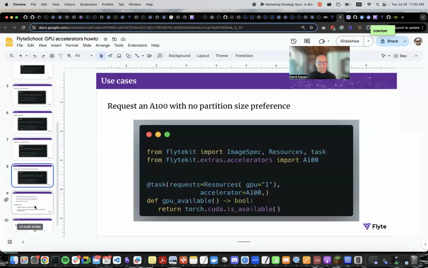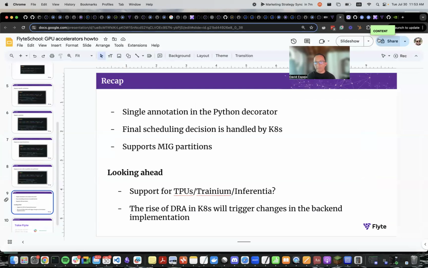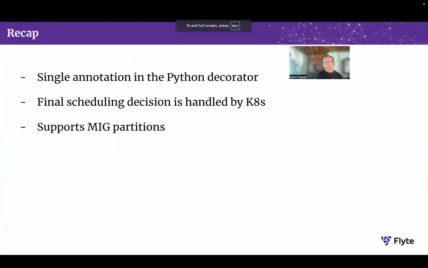All right. So just to recap, a single annotation is all you need in the Python decorator to request GPU resources. I showed you the requirements that your infrastructure needs for this to work. Mainly it is about labeling, and especially when you're requesting anything beyond a generic GPU.